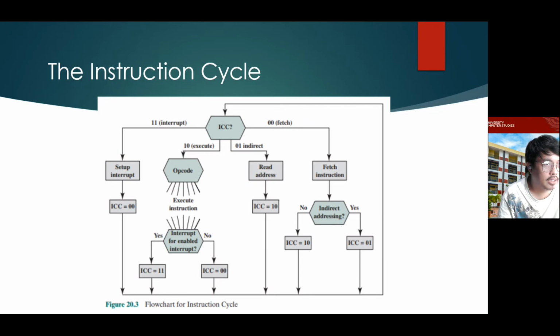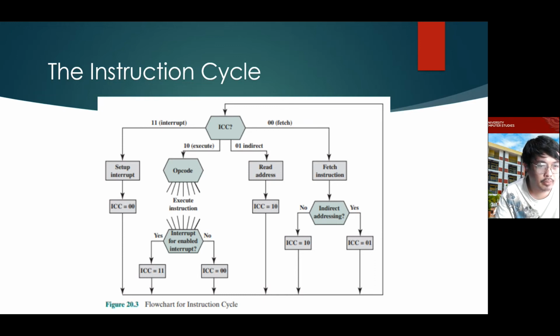Next, the instruction cycle. We have seen that each phase of the instruction cycle can be decomposed into a sequence of micro operations. In our example, kanina, there is one sequence each for the fetch, for the indirect, the interrupt cycle, and for the execution cycle.